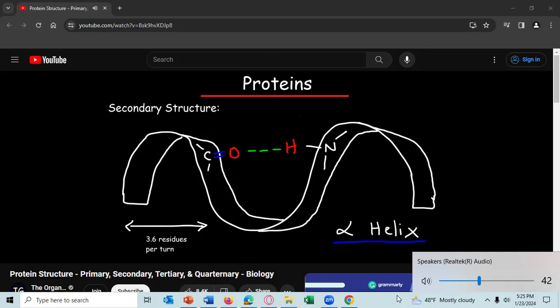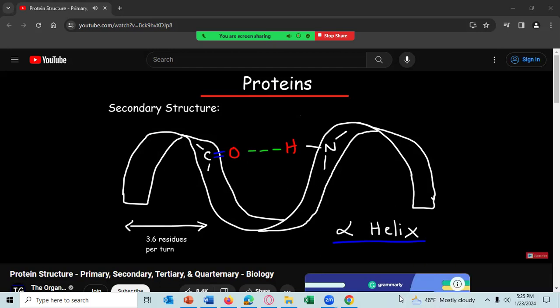The secondary structure describes the localized shape of a protein. And there's 2 of them that you need to be familiar with: the alpha helix and the beta pleated sheet. In the alpha helix, you could see that it's stabilized by hydrogen bonds. The NH group of one amino acid interacts with the carbonyl group of another amino acid.